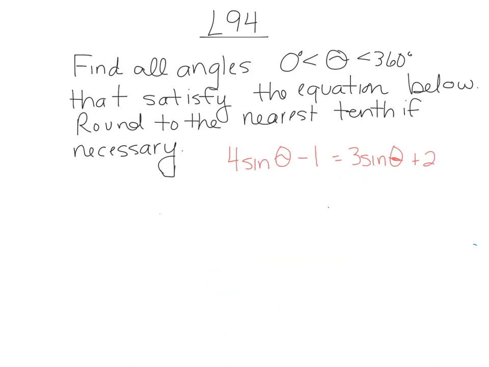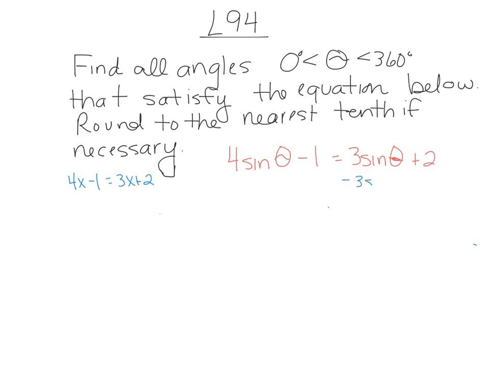So in my last example, we see 4 sine theta minus 1 equals 3 sine theta plus 2. And when I think about this, if it was just with an x, I would subtract 3x first, and then I would add 1 to both sides, and I would go from there.